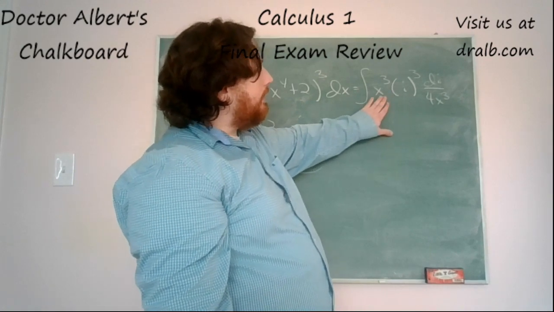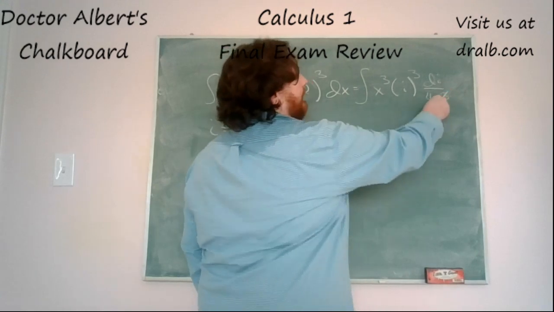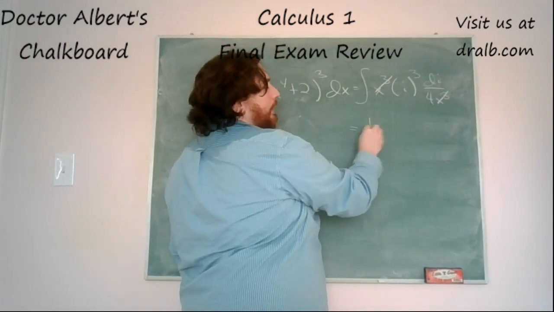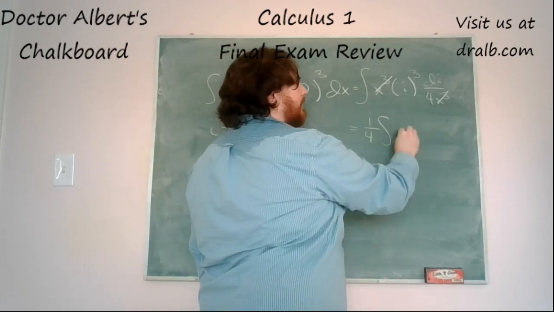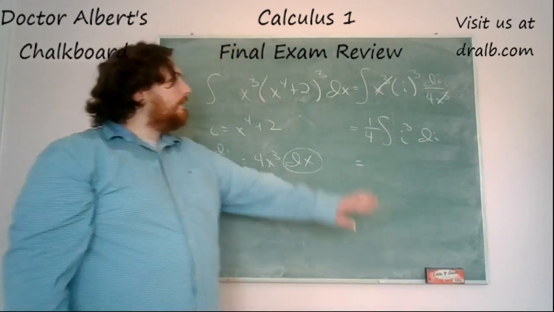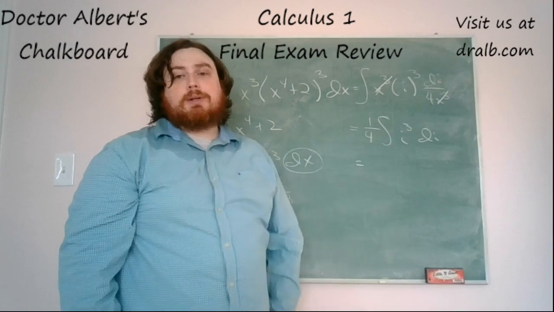Notice that I have x cubed over x cubed, so the x cubes do cancel. To help myself out, I have a 4 on the bottom, so I'm going to pull that out as a 1/4 times the integral of u cubed du. So notice that I've taken this complicated integral and turned it into a simpler integral.